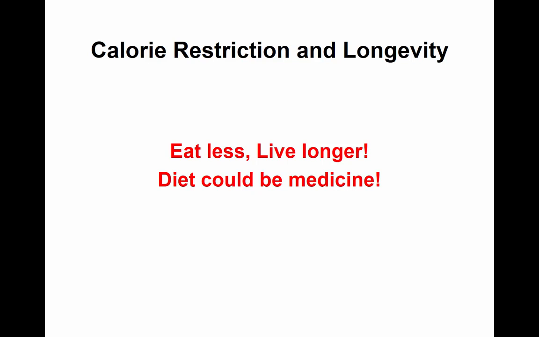All right, so this is sort of a take-home message: eat less, live longer. So diet can be medicine, right? And people are also interested in calorie restriction and its relationship with longevity, which has been studied for a long time. There is actually a relationship, right?